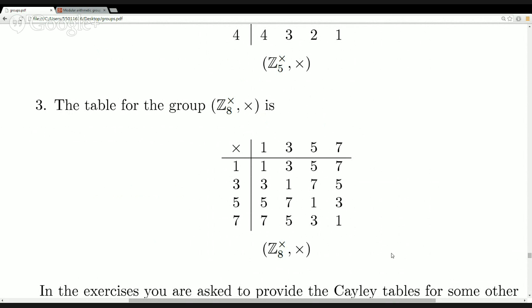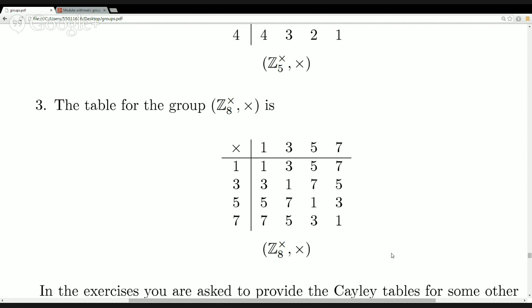So that means that any element can only generate itself and the identity element 1. That's all you get when you look at powers of that element. If you look at all the powers of 5 in the multiplicative group Z8, you only ever generate 1 and 5. You miss out all the other elements. So no, it's not cyclic, since for every x in Z8, x squared is equal to 1.